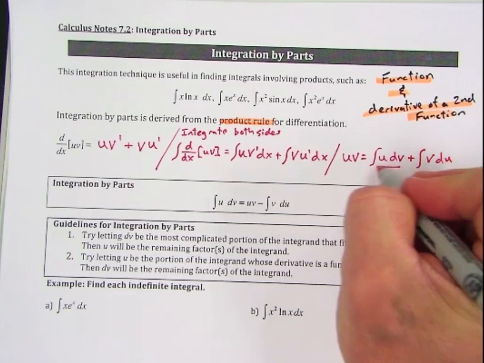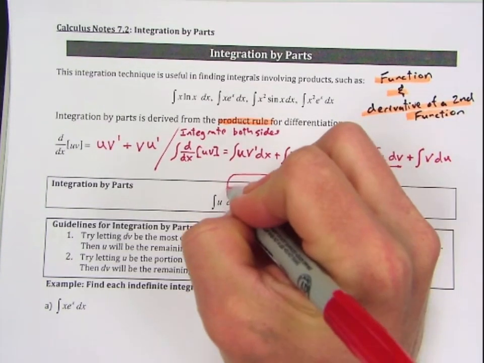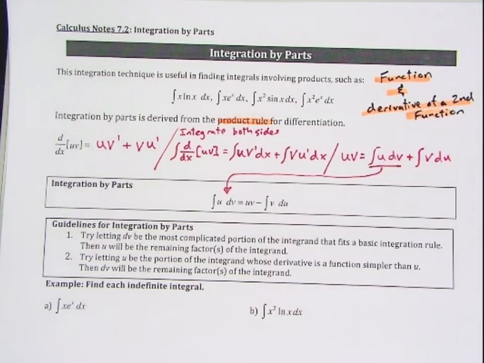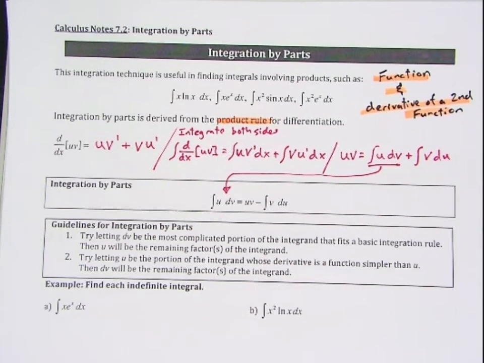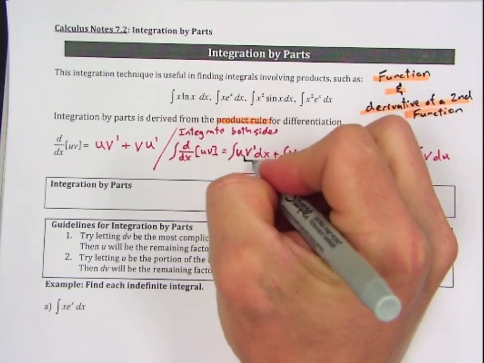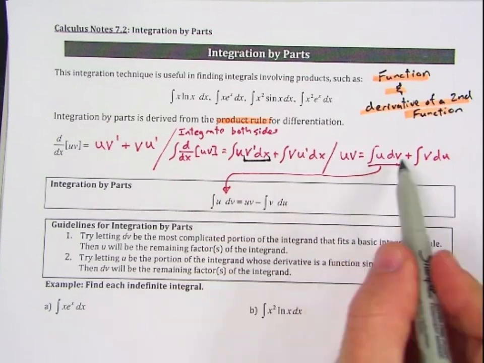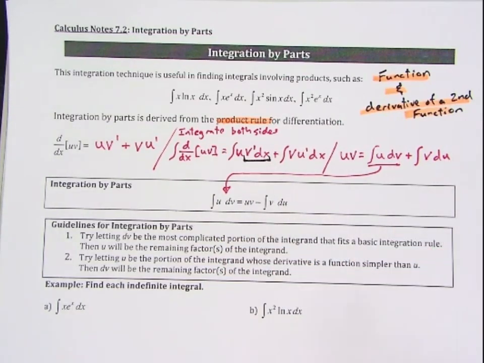Wait, going back a little bit, where did you get u dv from? It's because v prime dx, is dx saying integrated, right? Yeah, so v prime dx. So the dx and the v prime cancel out. The only thing I'm not seeing is where dv comes from. That's the v prime dx.